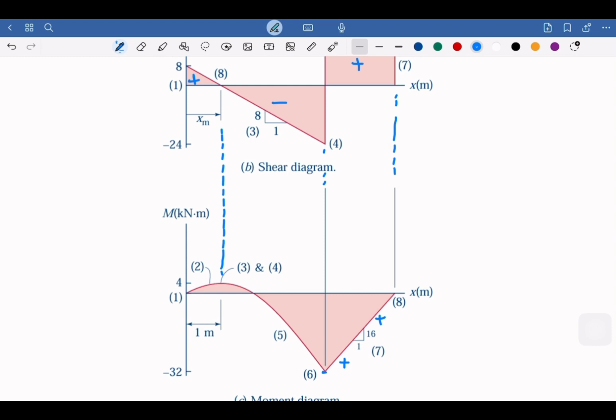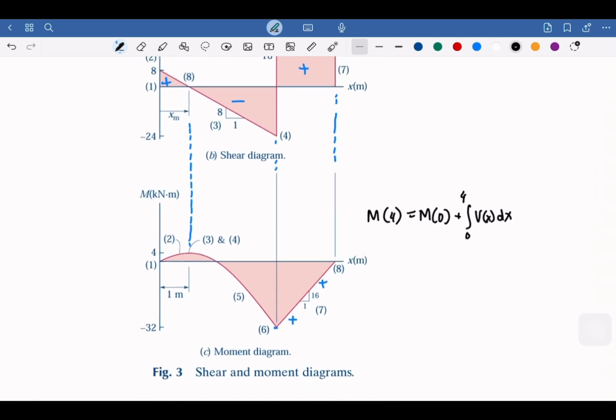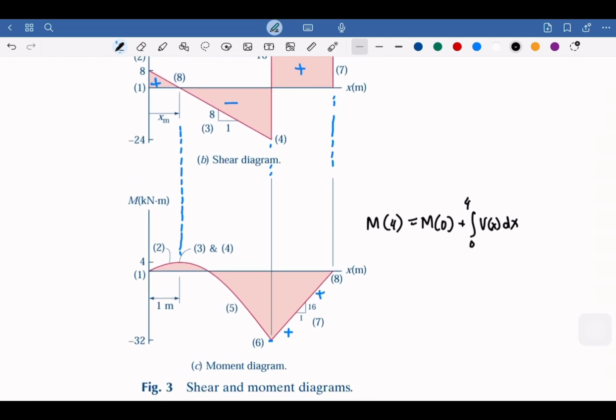Of course, we can also make some confirmation through the diagram. Basically, from 0 to 4 of the Vx dx, you can compute the area of the triangle geometrically. It is the same. So this is the net area of triangles.